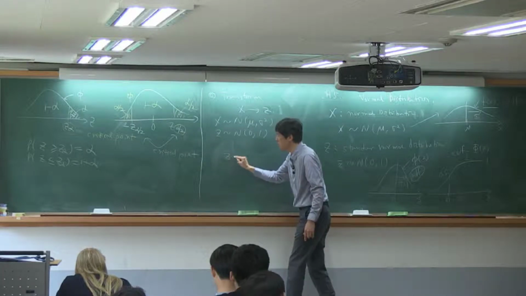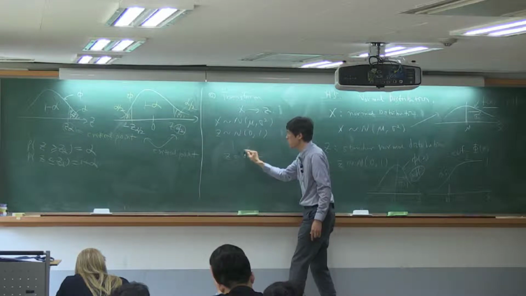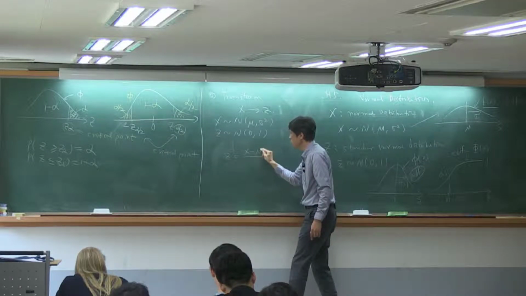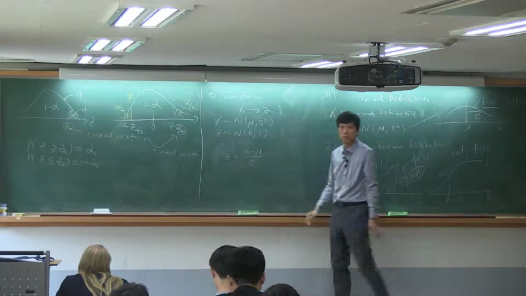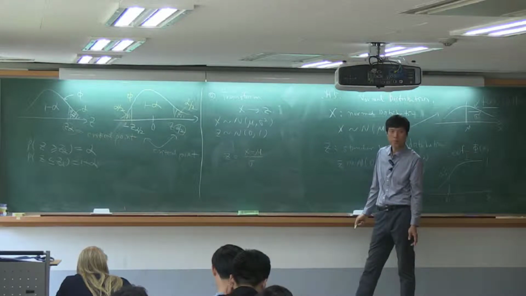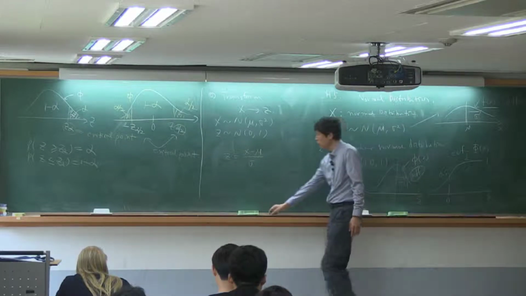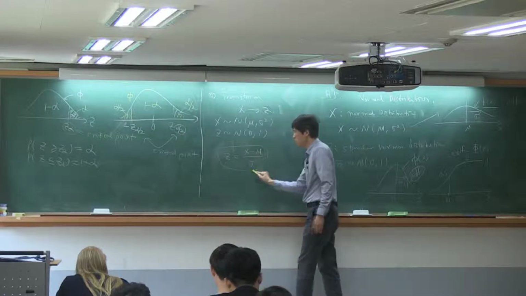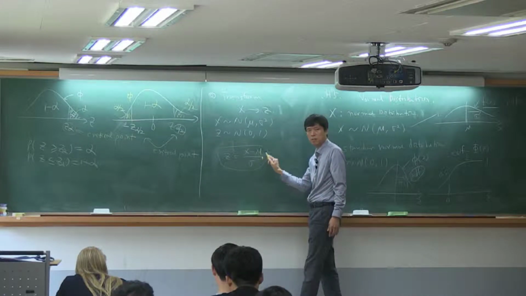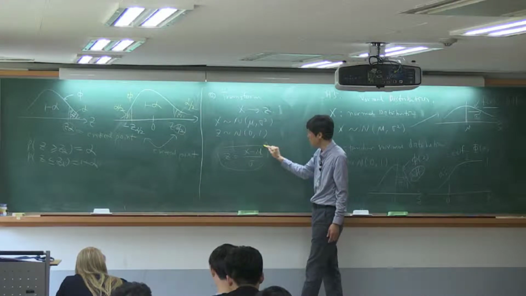The answer is G equals X minus mu divided by sigma. Let's memorize this transformation. This is important.